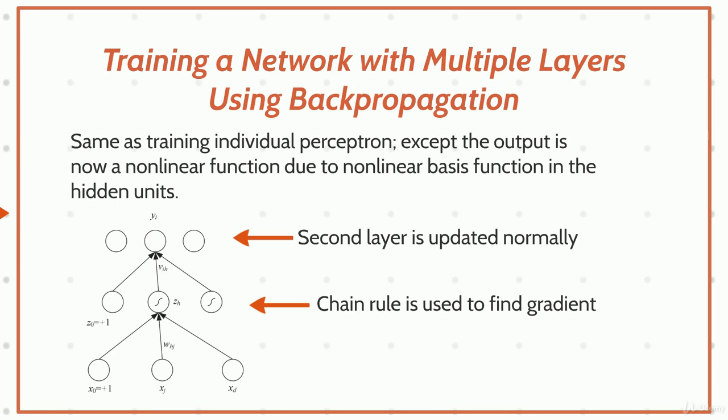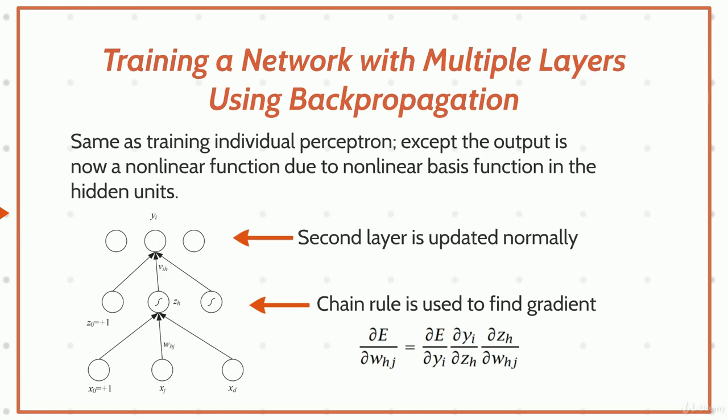So it's actually in this first layer that we get backpropagation. And this is the chain rule for that error function, and it is used to update these weights. So it is as if the error propagates from the output y back to the inputs, and hence the name backpropagation.